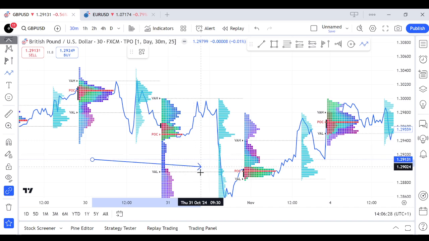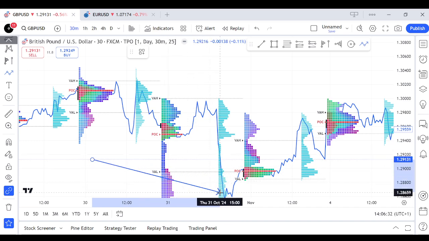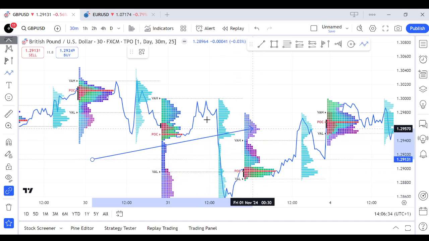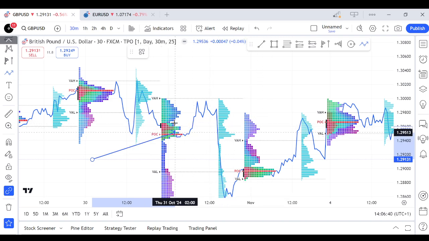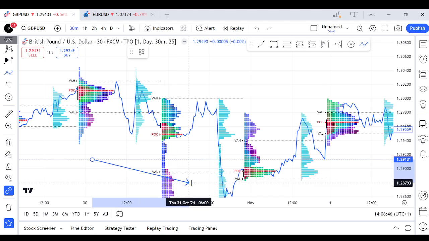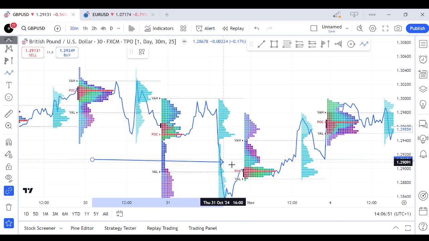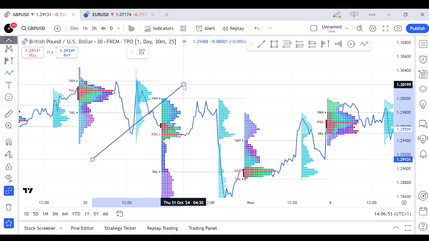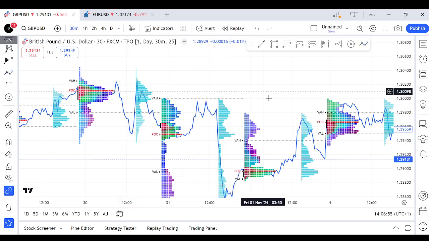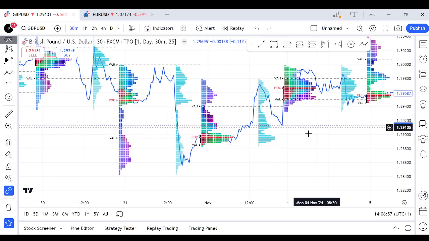And this is another one traded below this value area low, and you can see price reverting back inside to the point of control and value area. So when price trades outside value areas like this, we should be looking for trade opportunities for potential reversion to the mean. So that is one way, and also it could signal the start of a new trend.